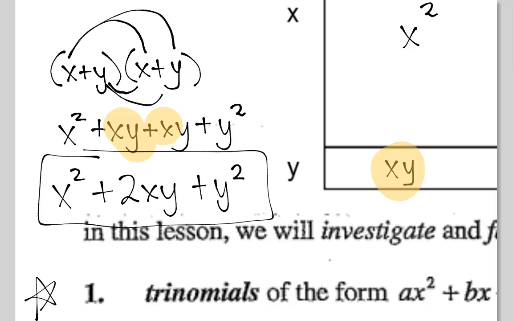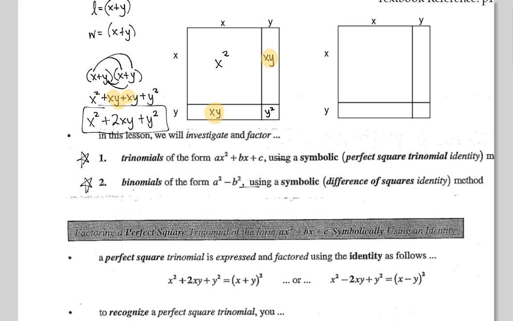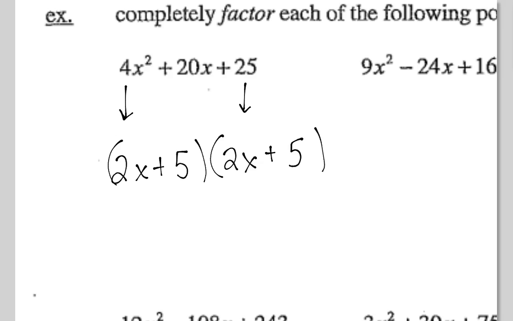It's the exact same formula as this. This was a 2, this was a 4. This was a 25, so this was a 5. And then this is twice the 10, which makes 20. Now, all to say that you don't even have to actually, like, how do you know this is a perfect square? How do you know?